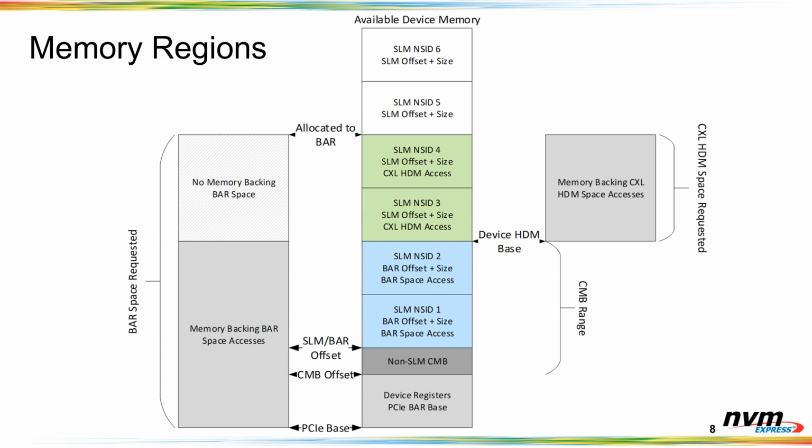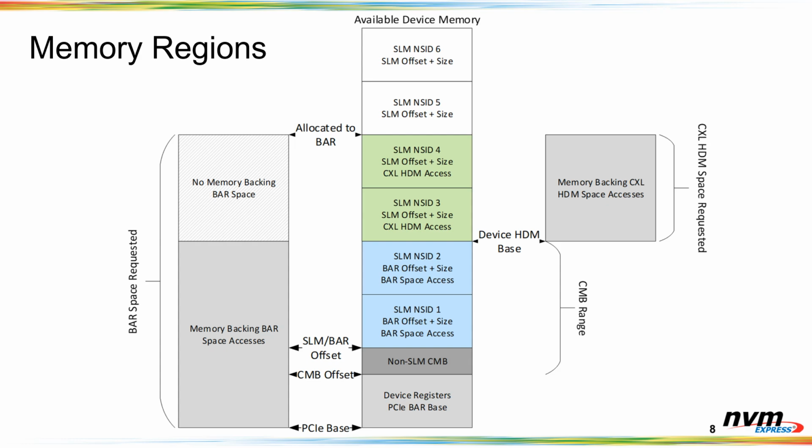Above that, we've got some namespaces. We have namespace ID 1 and 2. The intent of this device is that it wants these two namespaces to be using the PCIe BAR addressing to access that SLM. Namespace IDs 3 and 4 are above that in this example, where we want these two namespaces to be accessible using CXL HDM access.